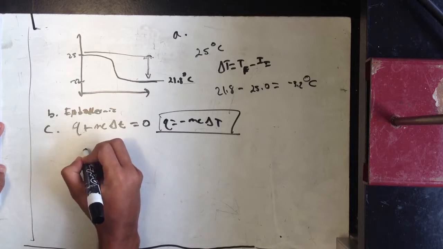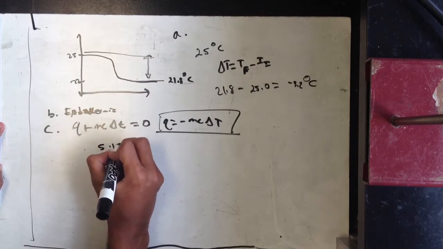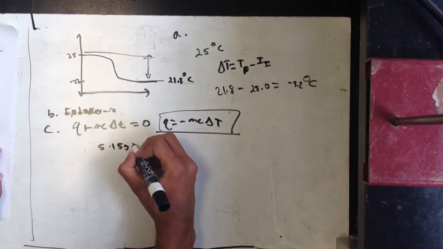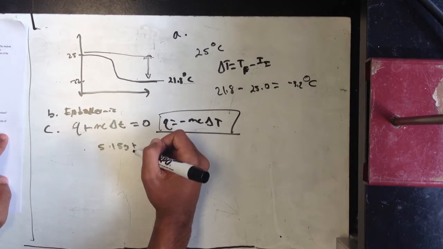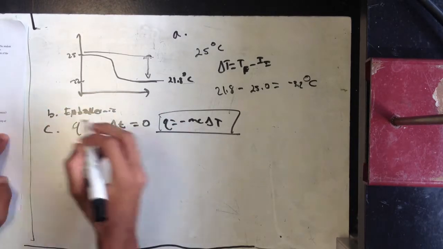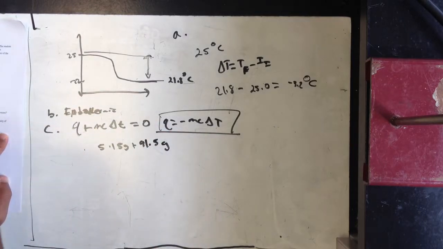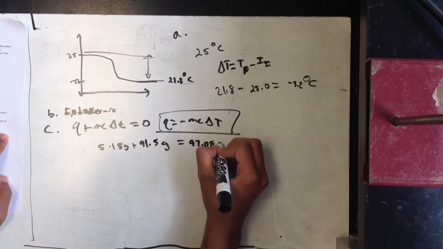You know that the mass of urea is 5.13 grams because that was given to you at the beginning, and he also places 91.95 grams of water. So you know the total amount of grams is 97.08.